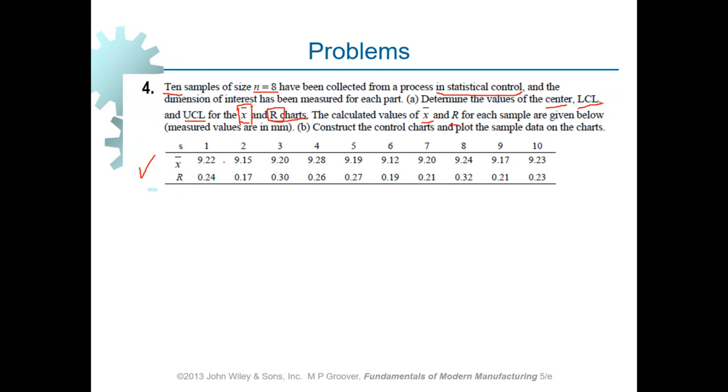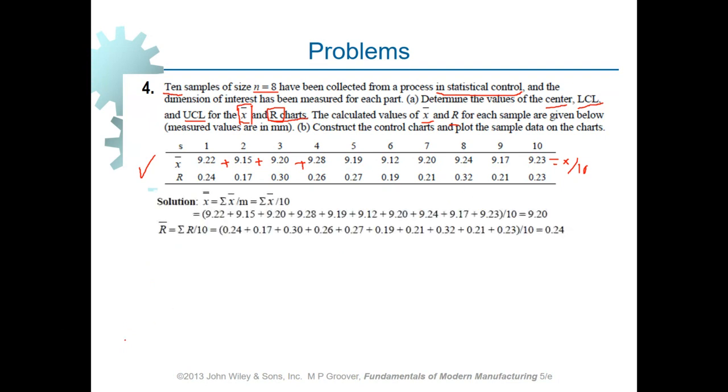We add all these values of X bar, the averages of each sample, together, and then divide by the number of samples, which is 10 in this scenario, and that gives us the grand mean, X double bar. Similarly, we do the same for the second row, giving us the value of R bar. This is the second step. So we do it that way.